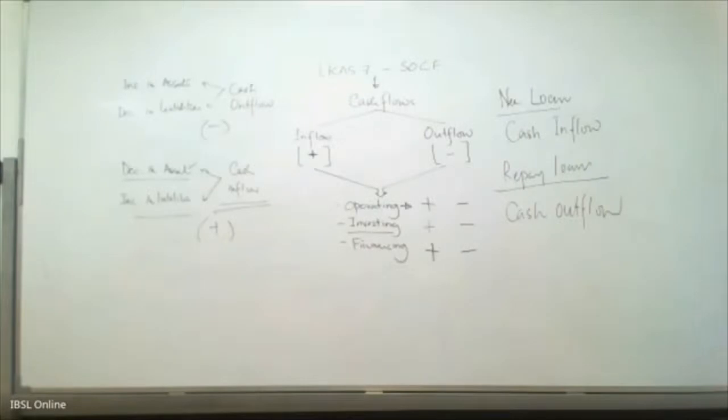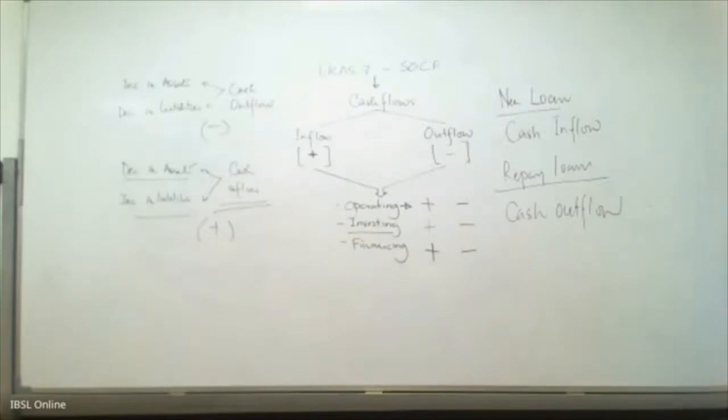But under the accrual concept, I need to make this provision. Now what is the accrual concept? I'm not going into detail on that. I leave it to you all. You must be knowing what the accrual concept is. So under the accrual concept, I need to make a provision.